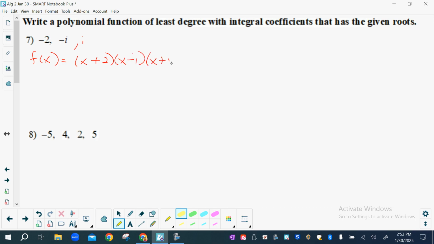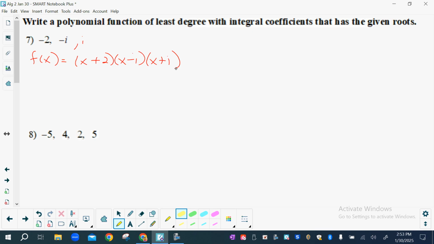Okay, now we have to multiply this out. What do you think we should multiply out first? It's going to make it much easier for you, because remember, the reason they're a conjugate pair is that it cancels out that I when we multiply it out.